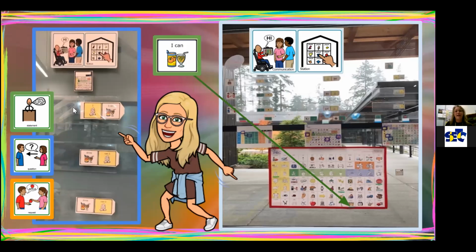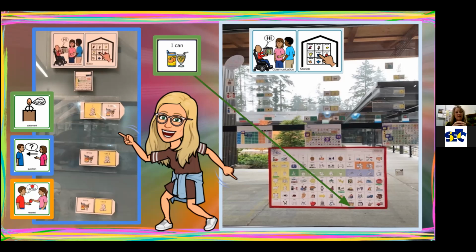I also made it so that I understand this idea of communication function in terms of AAC, but I also wanted to educate everyone that came into this communication station, right? So I wanted to have some visual supports, not for the students, but really for the adults, for paras and teachers, gen ed teachers and specialists and myself, to really understand what it was.